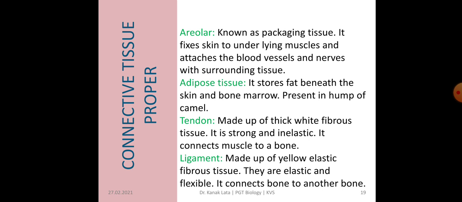Next one is ligament. It is made up of elastic fibrous tissue, and it is elastic and flexible, whereas tendons are inelastic. It connects one bone to another bone.